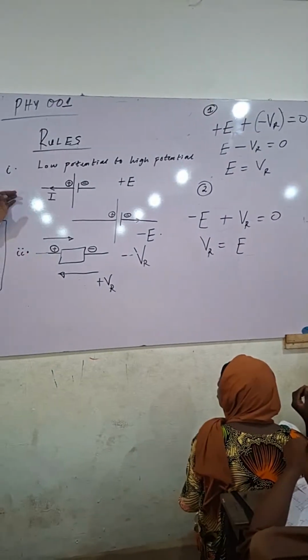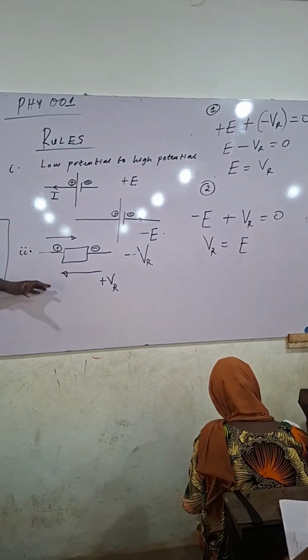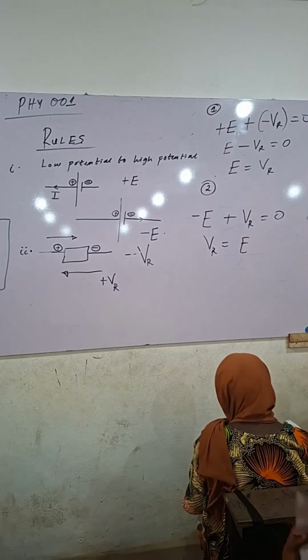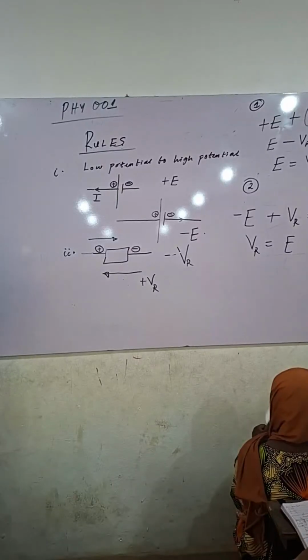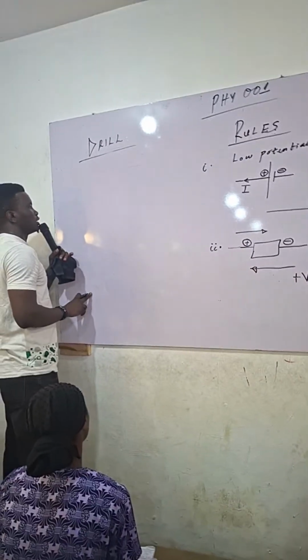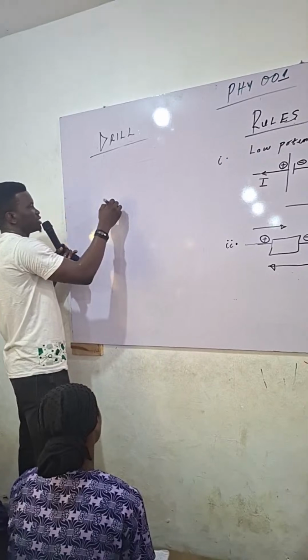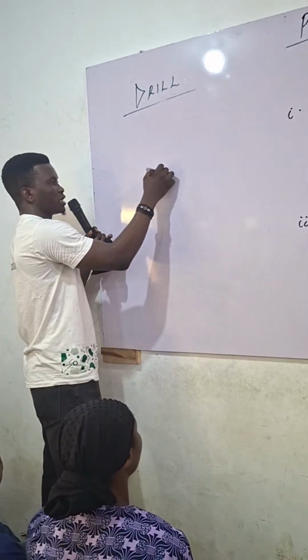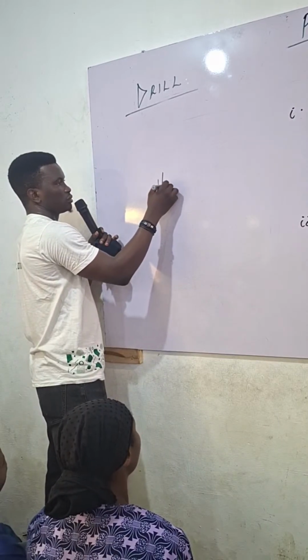You will do Kirchhoff's law in 100 level. But these are just basic circuits. They can give you complicated circuits. You'll now be analyzing them. Let's say I have a circuit like this. This is another important thing you have to note.